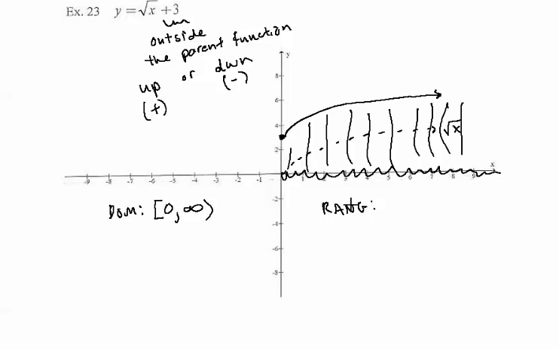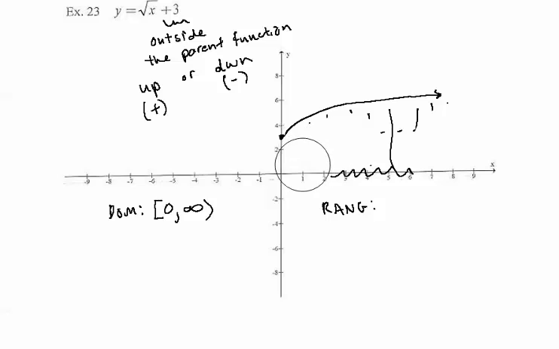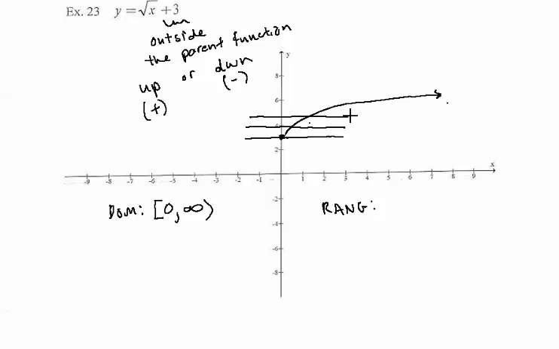Now for the range, we did shift it up with respect to the parent function. So if we were to apply the horizontal line test, our first value of y would land right here at positive 3. And then our horizontal line test would only pass for values above positive 3.